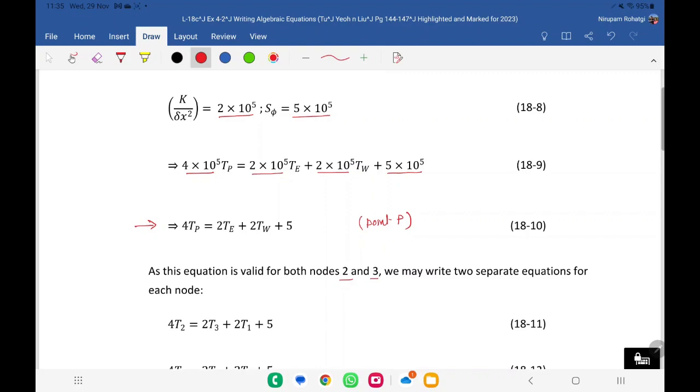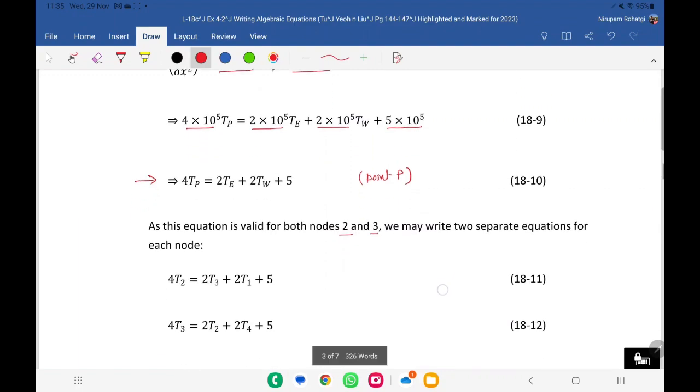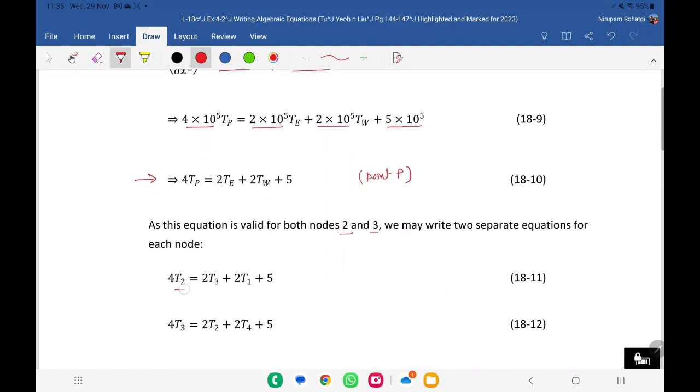But if the distance between nodes is the same, you will not get it. So Tp is your point 2, the right point is T3, the left point is T1, and this is your 5 coming here.